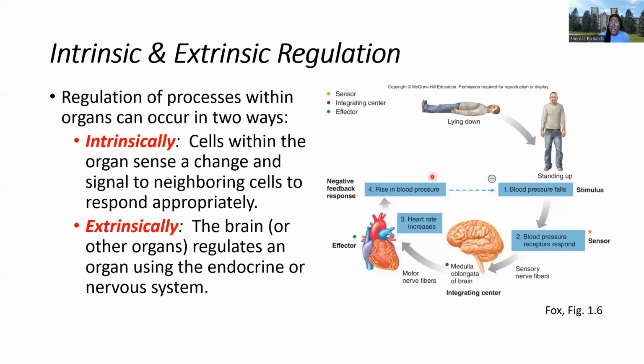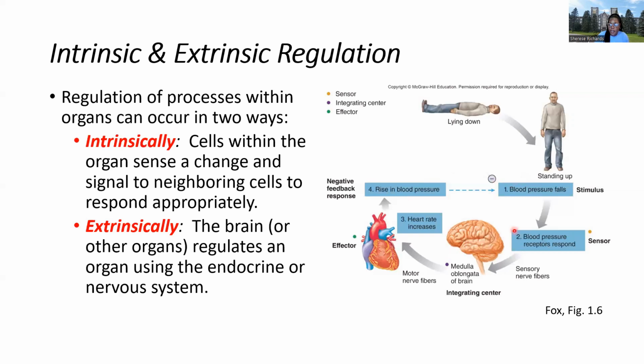Extrinsic regulation is going to be the opposite. This is if the brain or the endocrine system or the nervous system gets involved to bring about that change. So let's look at the heart again. All right, let's say we had a scenario, which we have here on the right, where blood pressure drops and we need to increase heart rate in order to increase blood pressure.